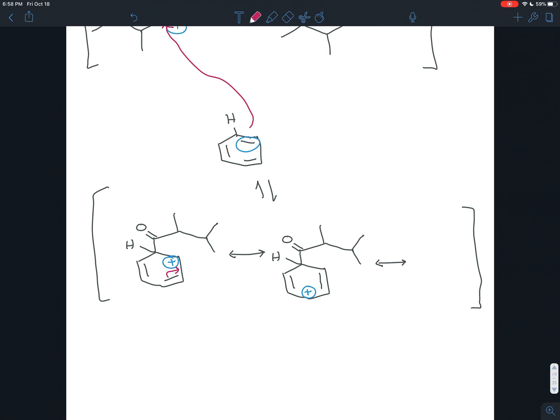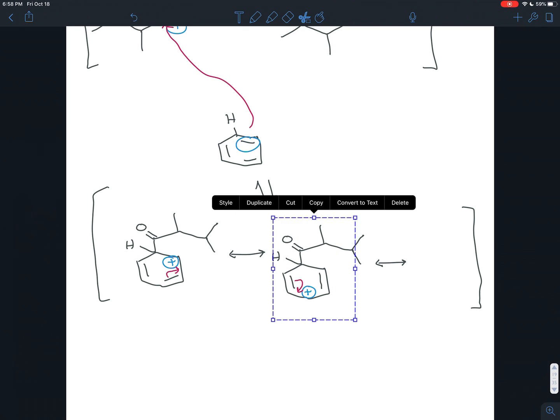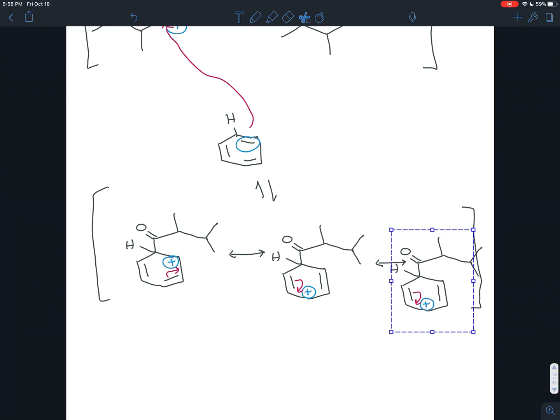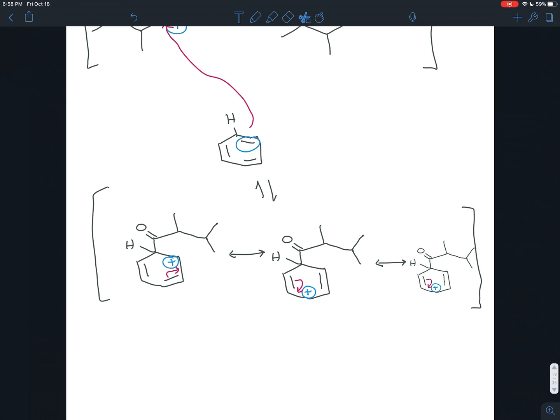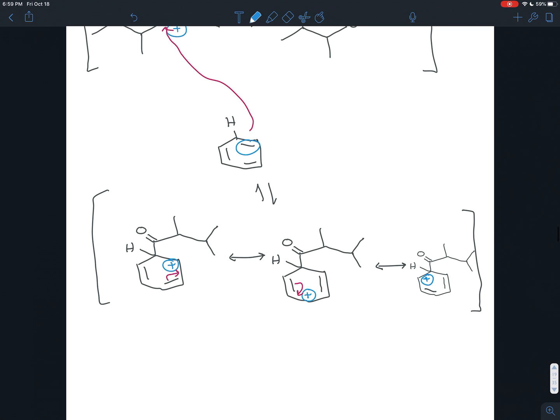Whenever you're drawing the resonance structure, the pi bond goes toward the positive charge to form a new bond. And so you get this third resonance structure where the positive charge is neutralized by those electrons, but that leaves a positive charge in the top left.